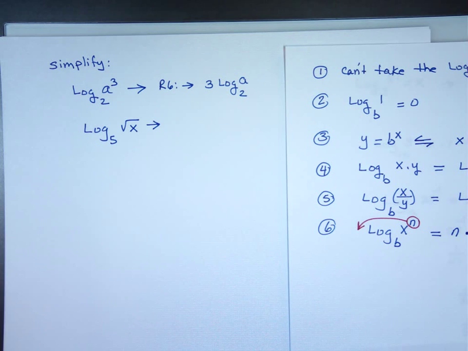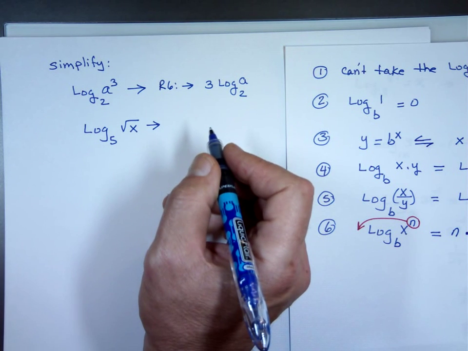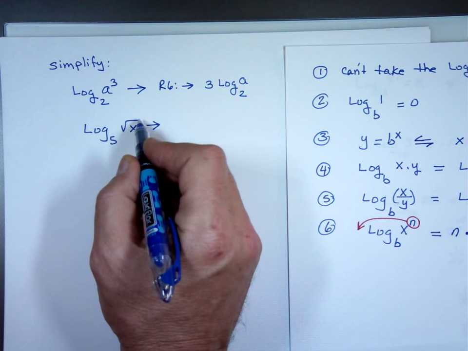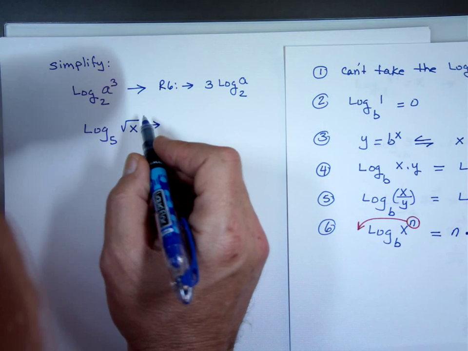Rule 6 you mean? Yeah. Why rule 6? Get rid of the square root, you can put the square root in the front. But how do you get rid of the square root? Square root is equal to the half. That's it. That's what I was looking for. Yep. It is rule 6 actually.